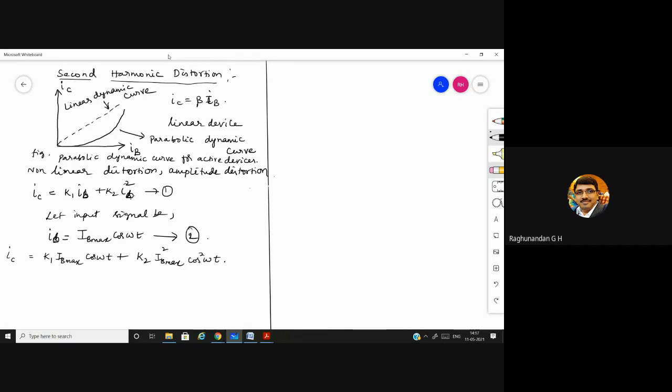Now we will simplify these steps. So K1 IB max cos omega t plus K2 into IB max square. We have an equation for cos square omega t in trigonometry, right? It is 1 plus cos 2 omega t divided by 2. This is the equation we are having.